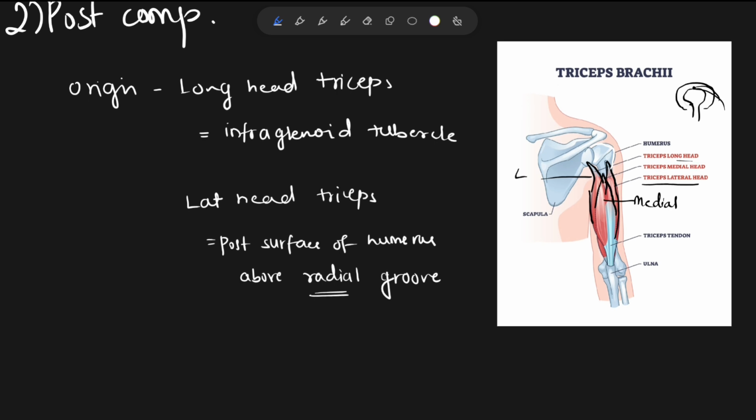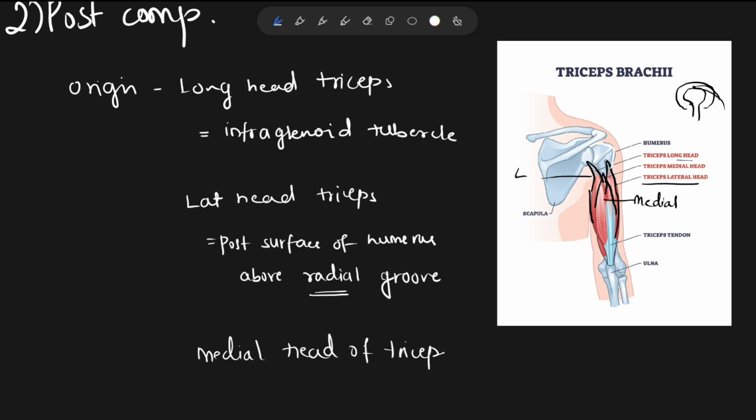Now let's do the medial head of triceps. Medial head of triceps is from where?